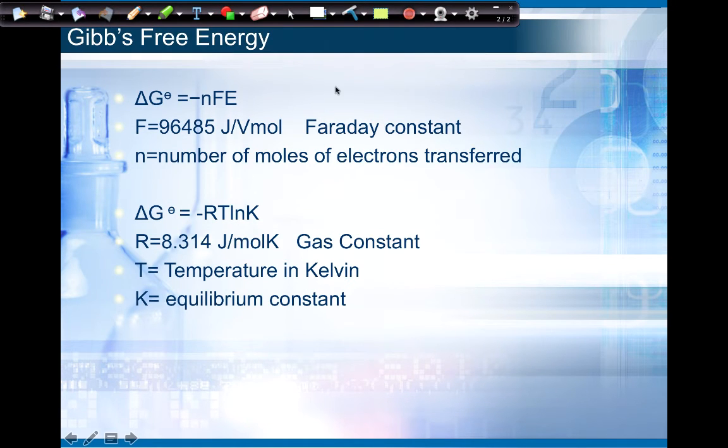And if you look at the equation right here, we have negative 1 times N. Now, N will never be negative because it's the number of moles of electrons. You can't have a negative mole. Faraday's constant will always be positive as well, but E, if that is positive as well, then you're multiplying 3 positive numbers by negative 1, so you're going to get a negative number. So if E is positive, then the reaction is going to be spontaneous because delta G is negative.